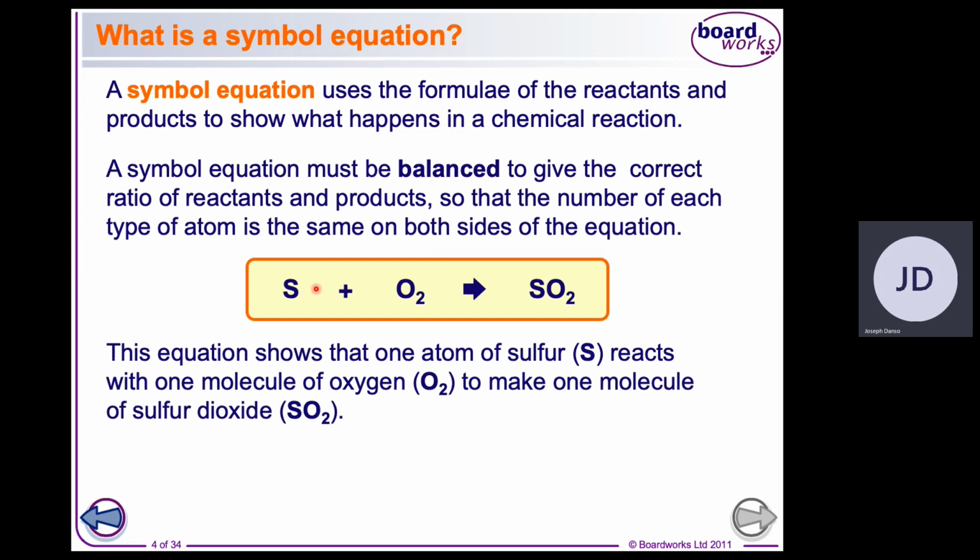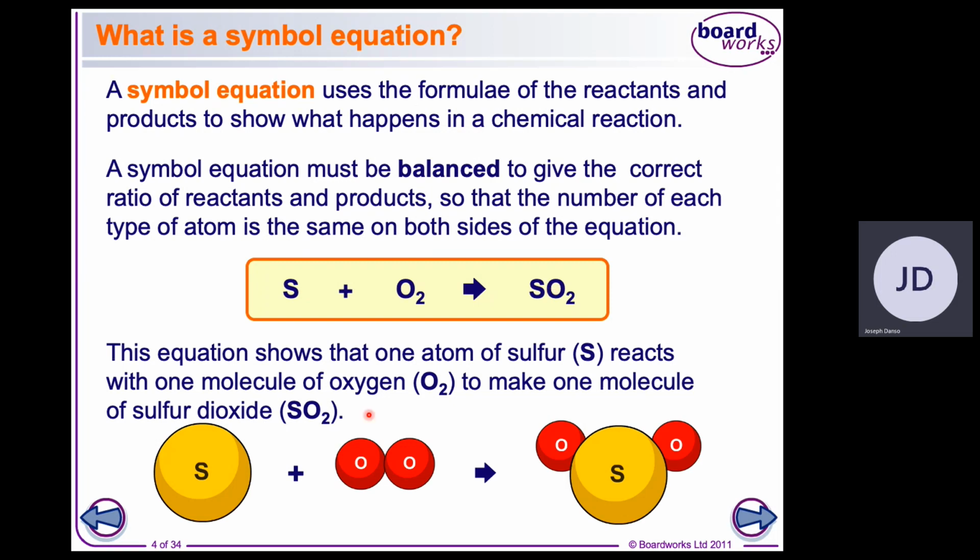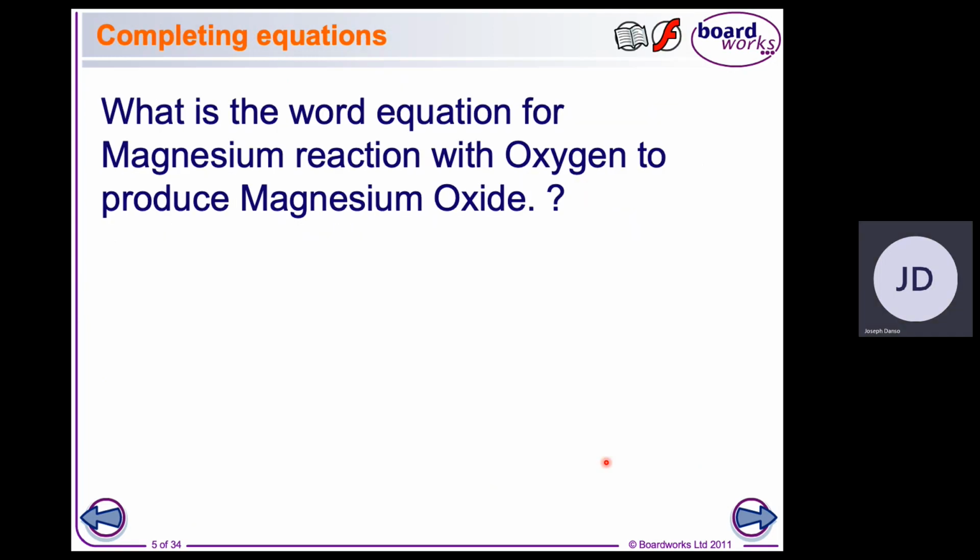So if we look at this symbol equation, it shows us that one atom of sulfur reacted with one molecule of oxygen to produce one molecule of sulfur dioxide. And so here we have one S and two oxygen atoms to give us one sulfur dioxide molecule.